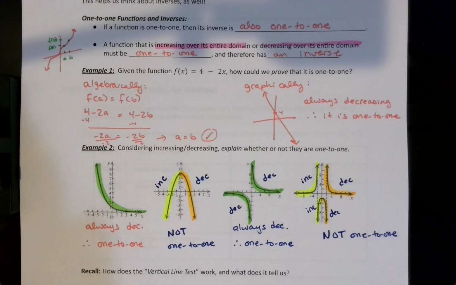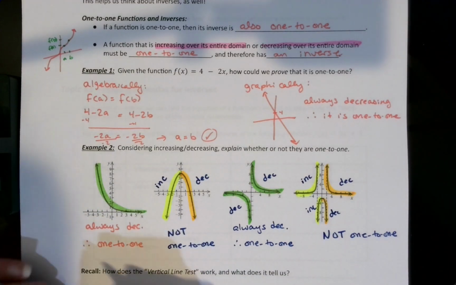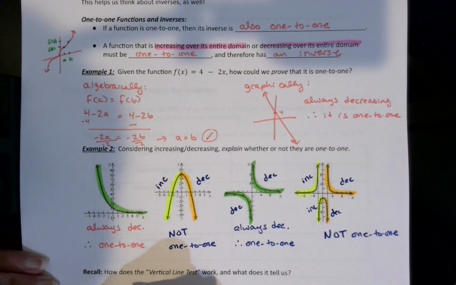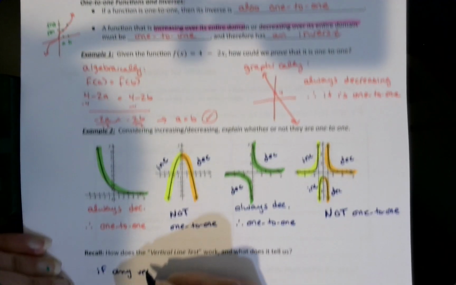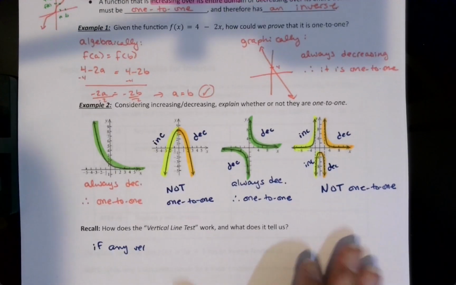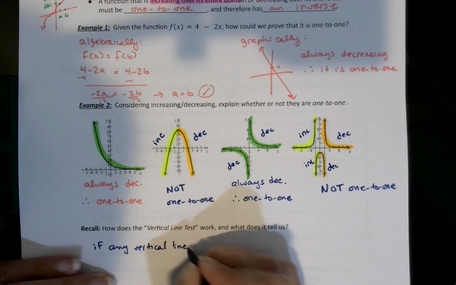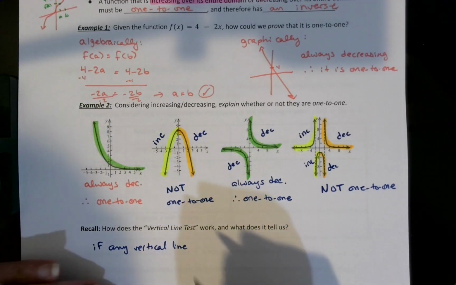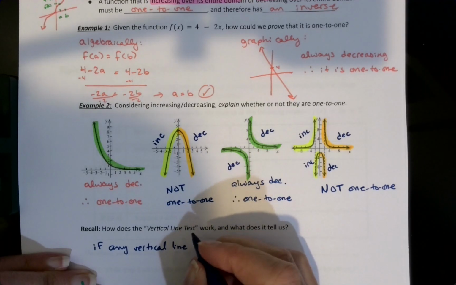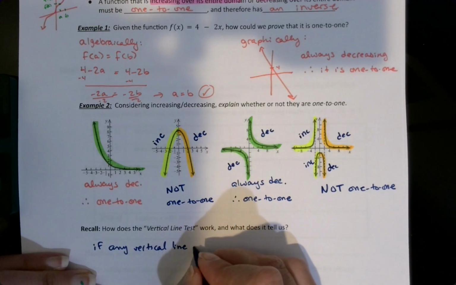Recall, how does the vertical line test work, and then what does it tell us? So the vertical line test says that if any vertical line passes through a graph more than once, then the graph is not a function.